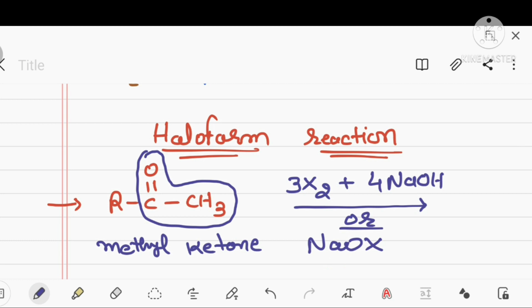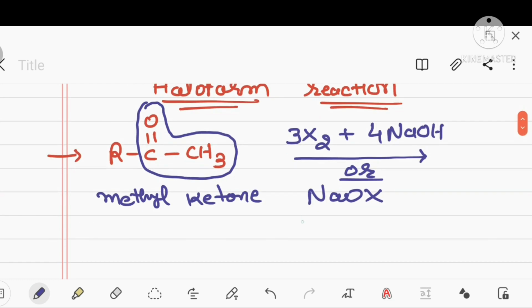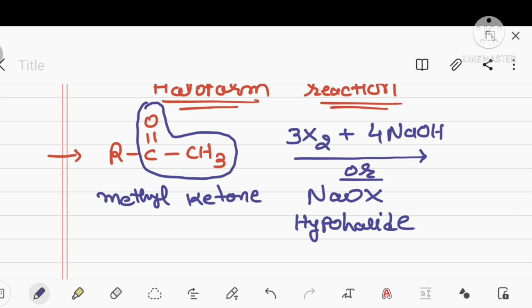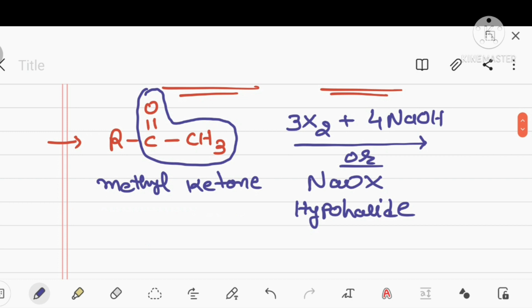So the actual configuration and reaction is like that. Sometimes they may give hypohalide also.